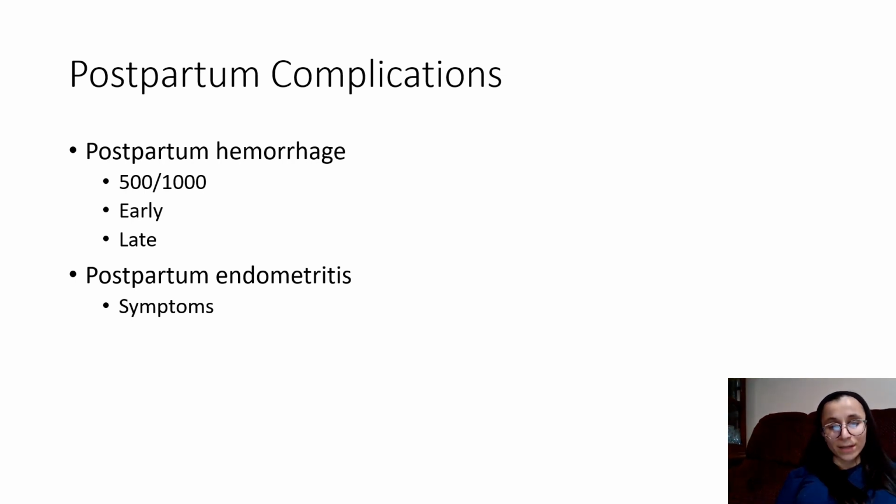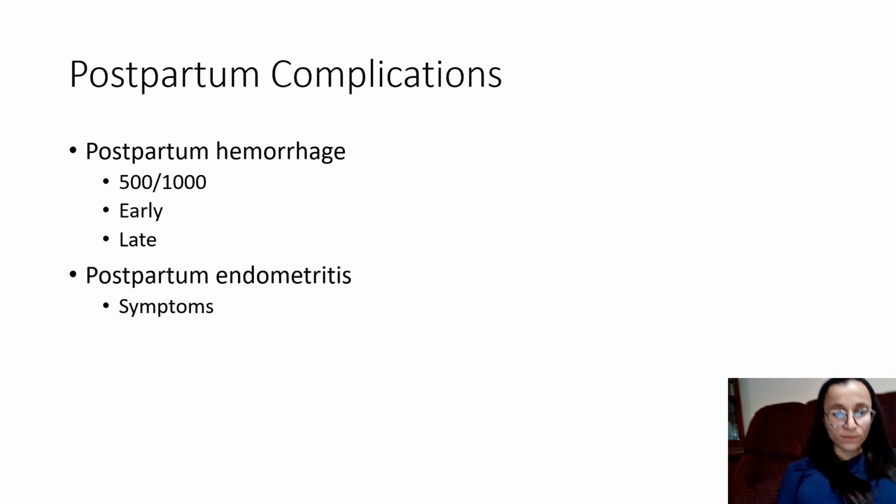Okay, postpartum complications. Postpartum hemorrhage is basically when they lose more than 500 ml after a vaginal birth or over 1,000 after a C-section. There are two types of hemorrhage, early and late. Early occurs less than 24 hours after birth, and delayed, or late, occurs after 24 hours of birth.